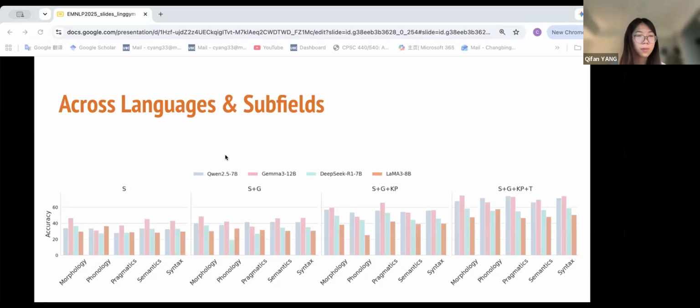We know that usually when we have less data about morphology and phonology, the model won't behave as well as on syntax. It is quite surprising to me that the model performed at almost the same level across most of them.